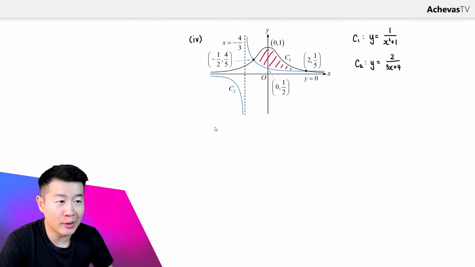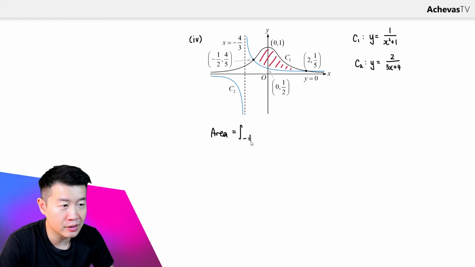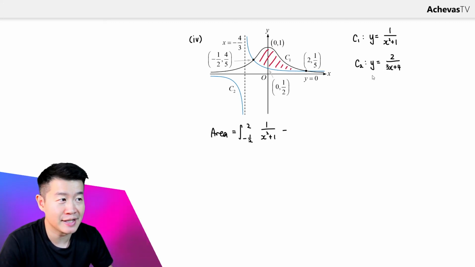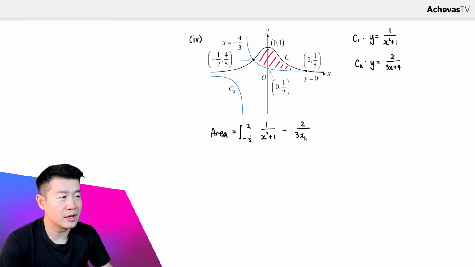So to calculate the area, we are going to make use of integration. And we are going to be integrating from the x coordinate of the intersection here, which is minus half, to the x coordinate of the intersection here, which is 2. C1, so 1 over x squared plus 1, minus away the equation of C2, which is 2 over 3x plus 4.